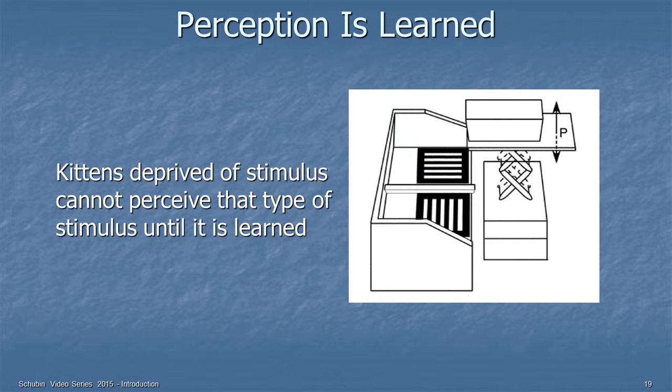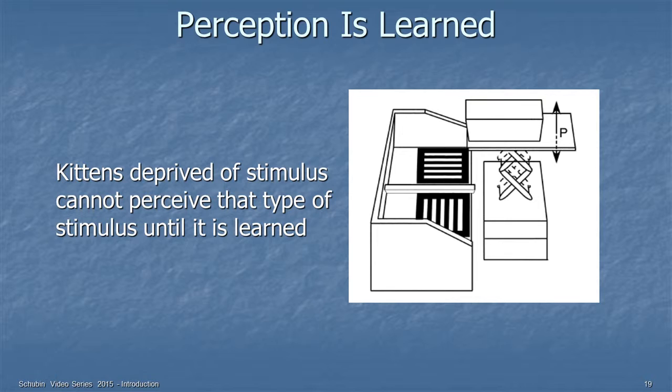Now, perception is not inherent, it's something that's learned. So kittens that are deprived of a stimulus can't perceive that type of stimulus until it's learned. So they've done this experiment where they have pieces of glass and they have lines on them, and the kittens are encouraged to walk across the piece of glass, which is very clean, so it looks like it's not there.